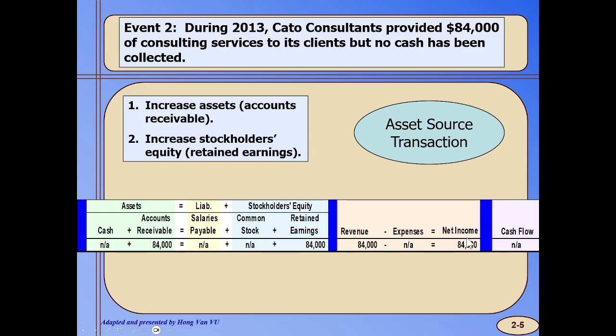It is classified as an asset source transaction. The revenue increases by 84,000, which means net income increases by 84,000, but there's no cash transaction here, so the cash flow is not affected.